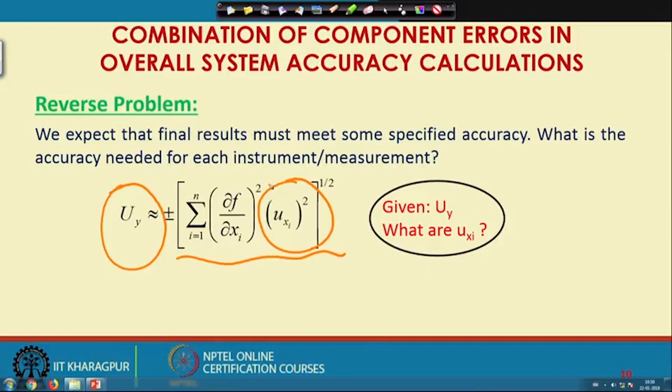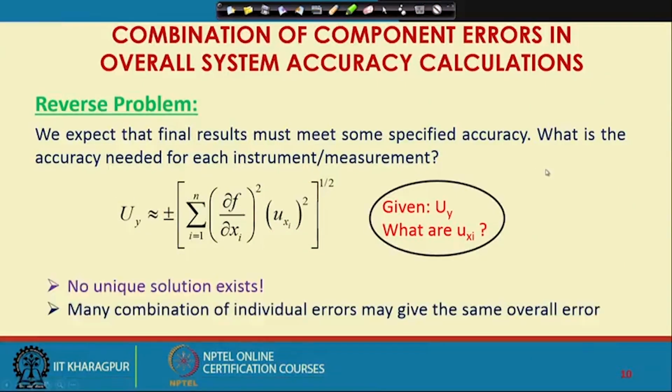So, given the specified accuracy for the end result, what is the maximum allowable uncertainty in each measurement or instrument, which is represented as u x i. Note that no unique solution exists for such problems, because there are many combinations of individual errors which may give the same overall error.